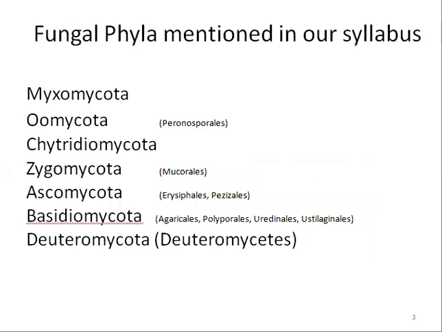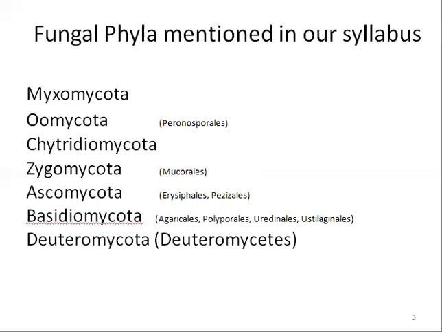This is the list of fungal phyla mentioned in our syllabus, which we will go through. Myxomycota, Oomycota, Chytridomycota, Zygomycota, Ascomycota, Basidiomycota, and Deuteromycetes, as written in our syllabus, which is a class of the Deuteromycota.